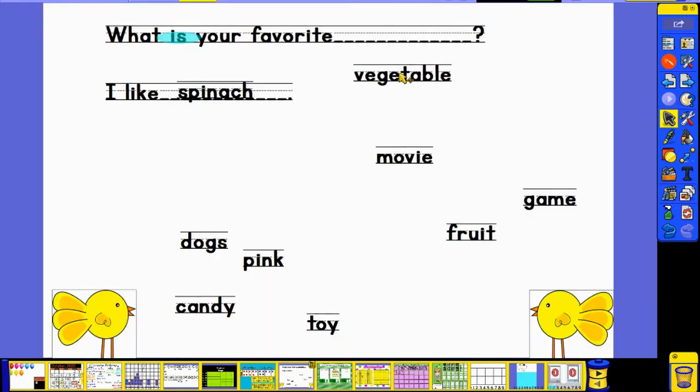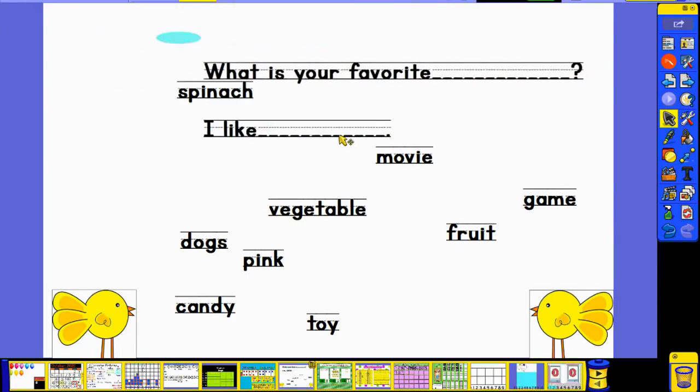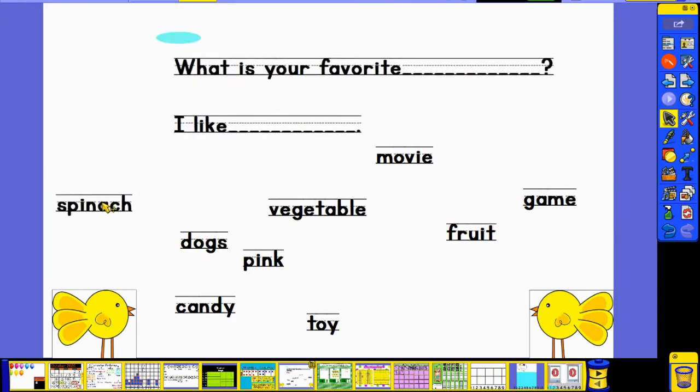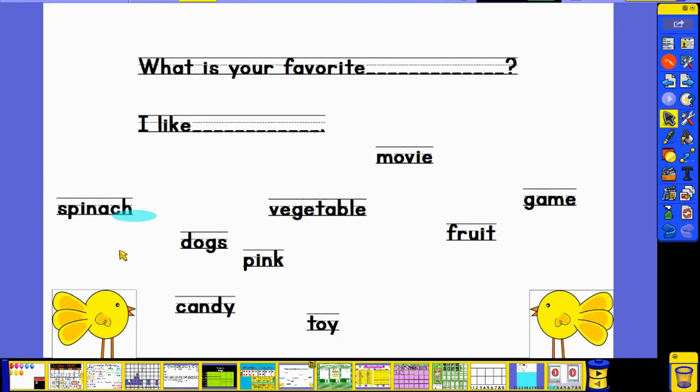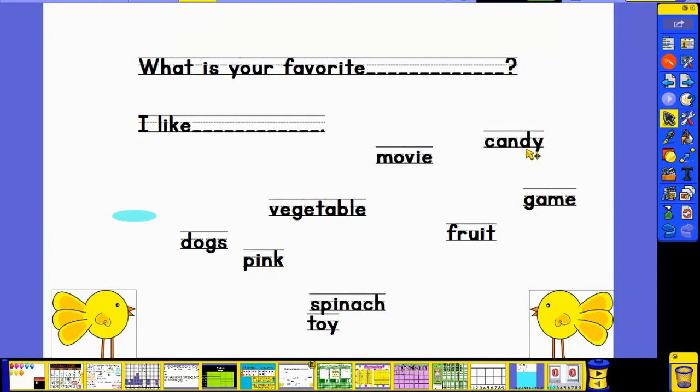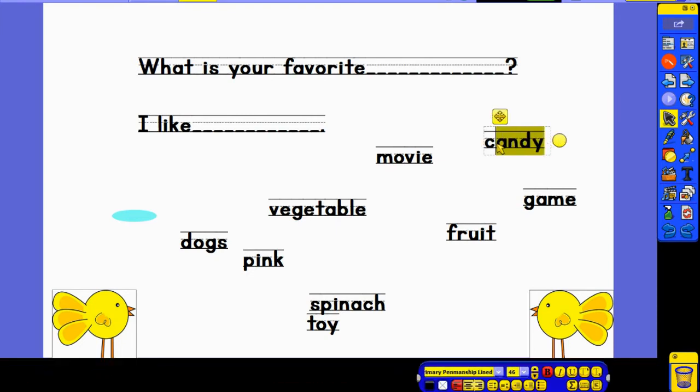Okay, so let's see. I'm going to do this question about Miss Landrum today, just because I know the answer to this. What is your favorite color? All right, what is your favorite color?